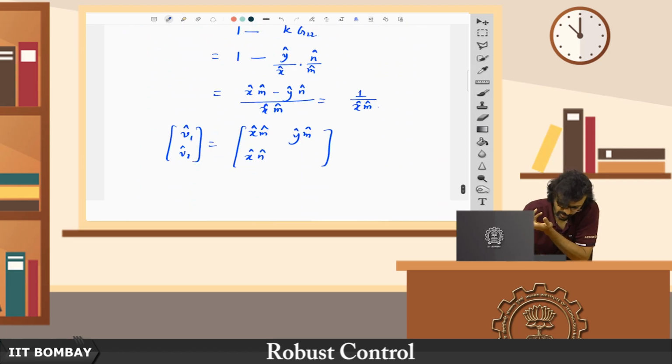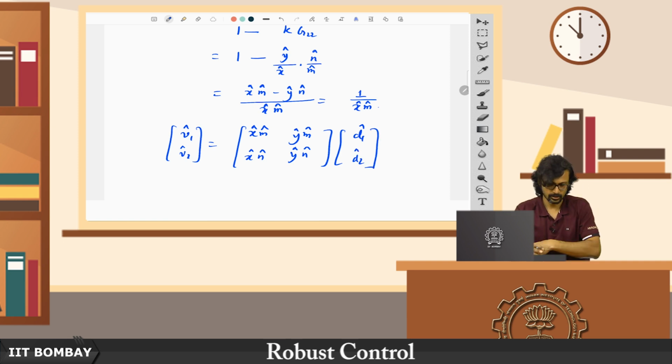So, it is just n hat y hat n hat times d1 hat d2 hat. This is all there is to it.